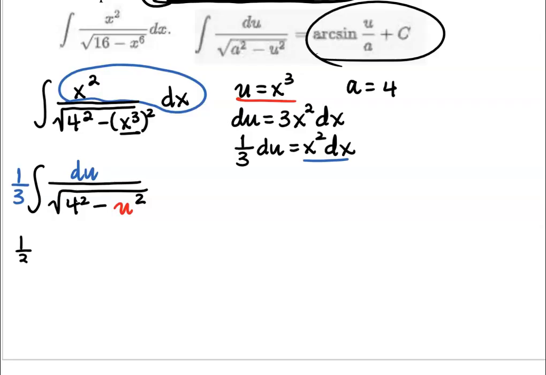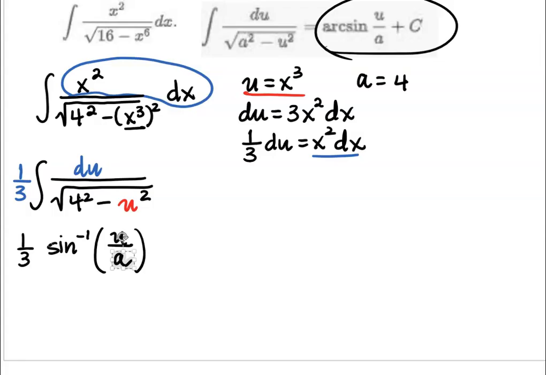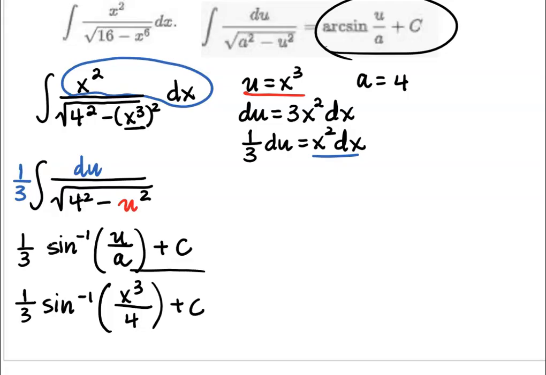I'm going to fill this out to give me 1/3 arc sine, or sine inverse, of u over a. Do we have limits? No, we don't have limits. Plus c. So I have 1/3 sine inverse of u is x cubed, a is 4, plus c, and there is our final answer.